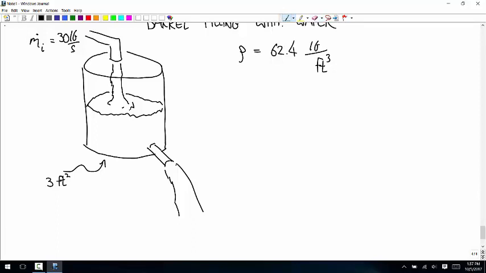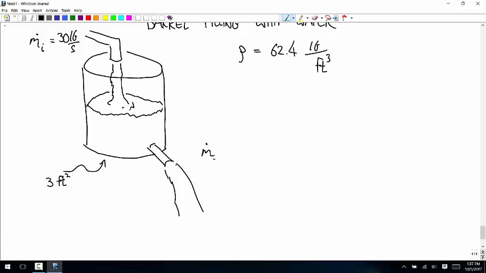And if it's just gravity that's causing water to come out of this exit, can you see how there would be a relationship between how fast water is leaving and how high this is here? The higher this is, the higher the pressure is here, and the faster water will come out.